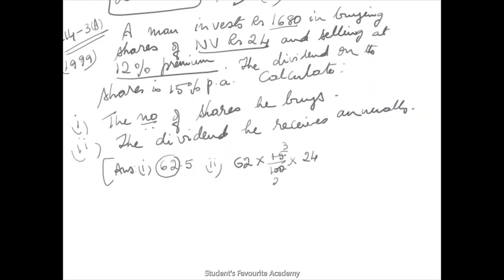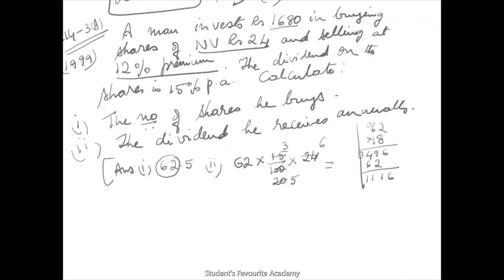So this is equal to 62 multiplied by 18. 8 twos are 16, 1 carried over, 8 sixes are 48, and 1 is 49. 1 two is 2, 1 six is 6. So 6, 9 plus 2 is 11, 1 carried over, 6 plus 4 is 10, plus 1 is 11.